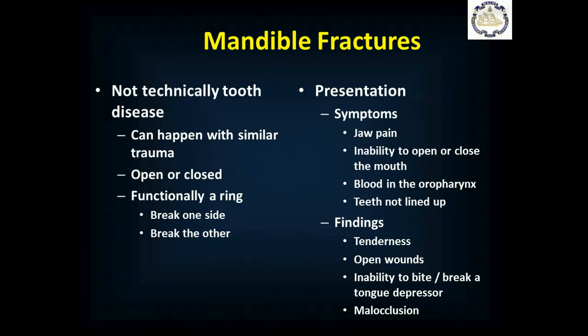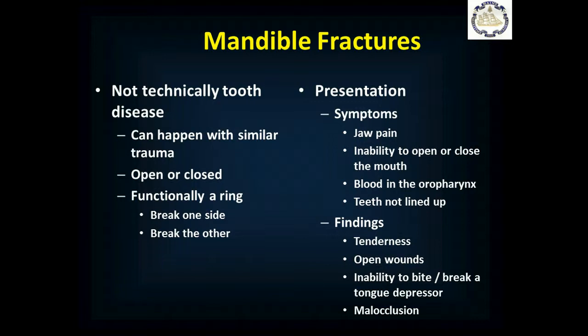And when you examine them, you find tenderness along the mandible, particularly focal tenderness in one area, and usually again on the opposite side you'll find similar tenderness, open wounds in or outside of the mouth, and inability to bite and break a tongue depressor. Basically what you do is you put a tongue depressor between the occlusive surfaces on one side of the mouth, so between all the molars and the premolars, the canine on, say, the right side of the mouth, you tell them to bite down and you twist it.